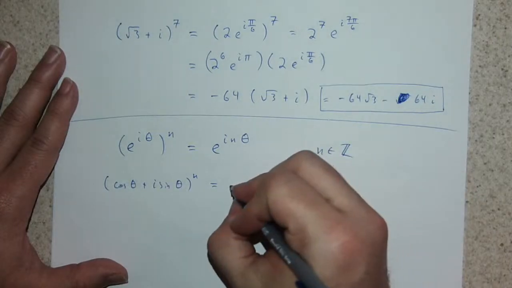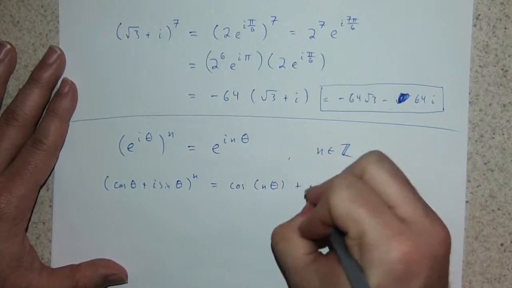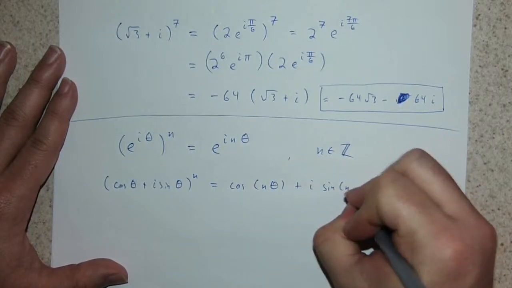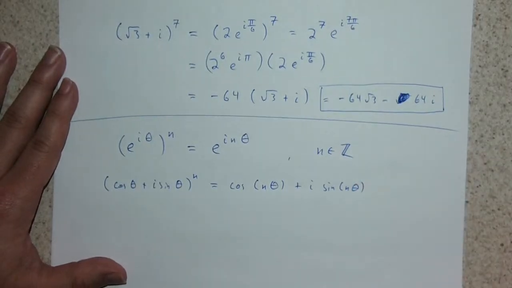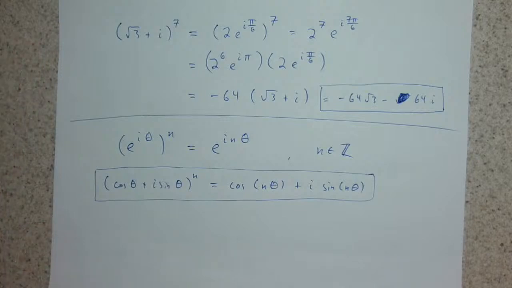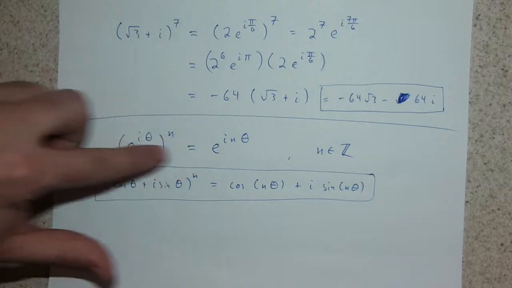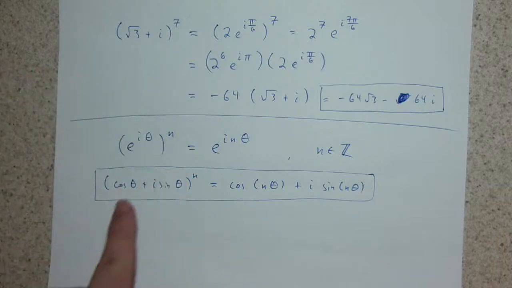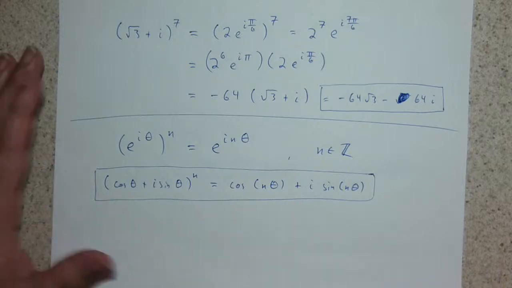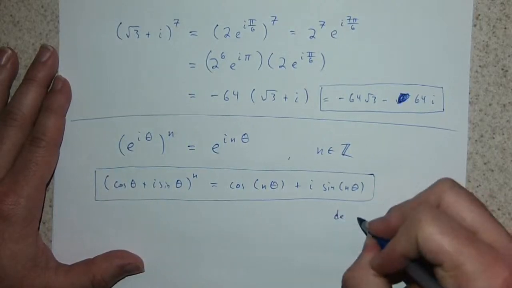So this is cosine of n theta plus i sine of n theta. That's a pretty cool formula, but it's basically trivial if you know this. But it turns out that this is the case even if you forget this exponential business. And of course, the easiest way to see it is from writing it in exponential form. But this is true, and this is called De Moivre's formula.